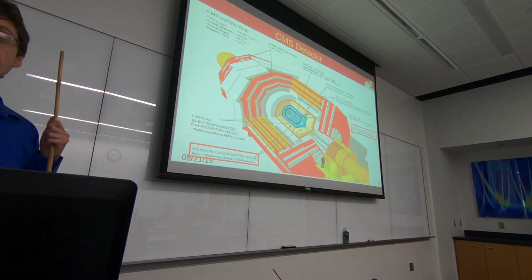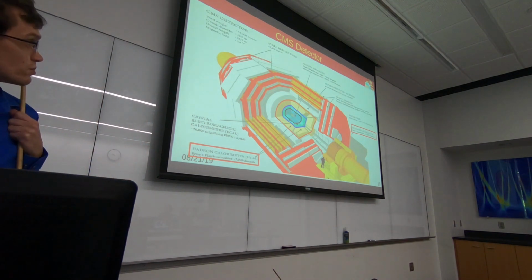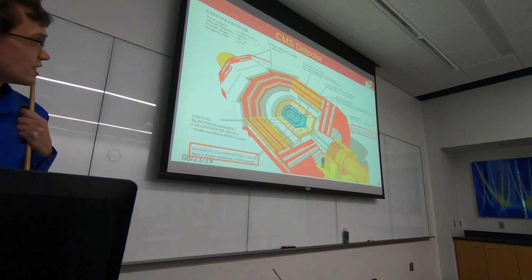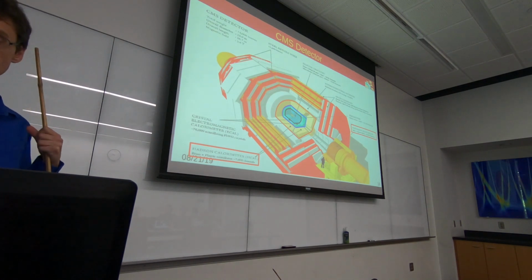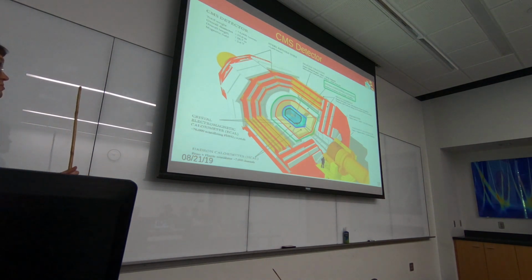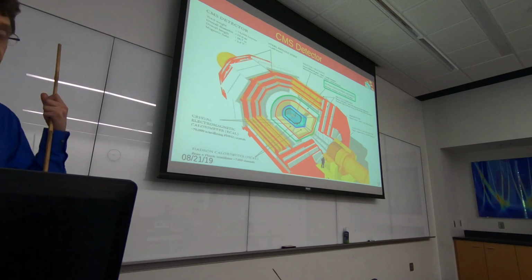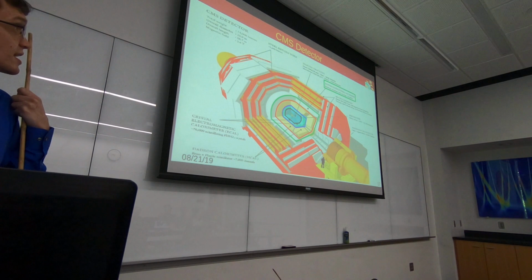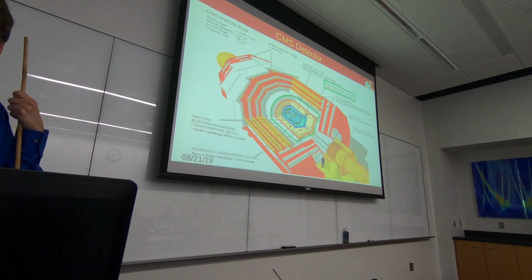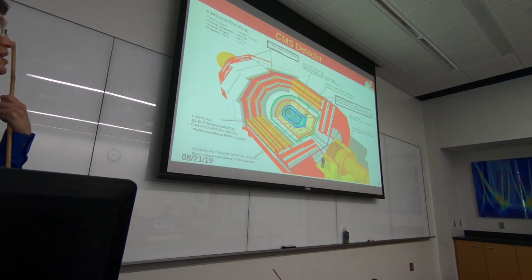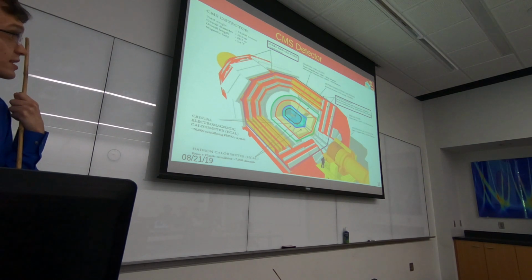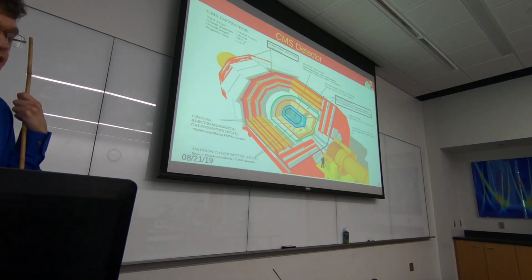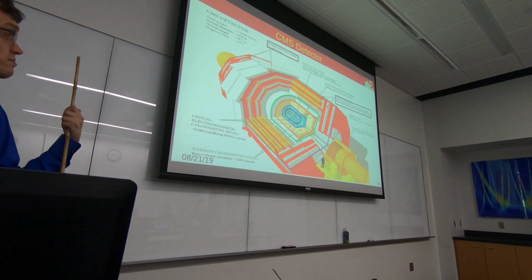It is a sampling calorimeter made of brass and plastic scintillator in alternating layers, followed by the solenoid for which the detector gets its name. This solenoid can have up to 17 kiloamps going through it, creating a field of 3.8 Teslas. And last but not least, the muon chambers, which exist outside of the entire thing. The muon chambers are what measure muons.